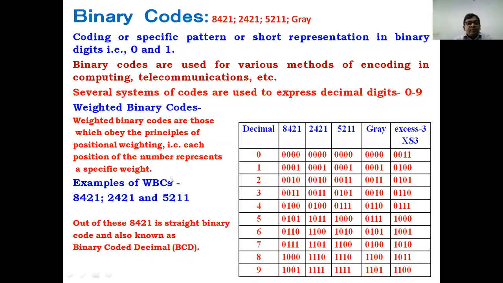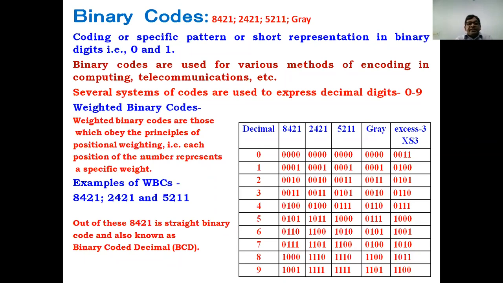Out of 8421, 2421 and 5211, 8421 is straight binary and is also known as the binary coded decimal system, that is, BCD code.